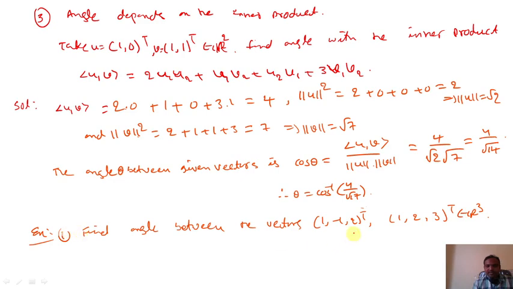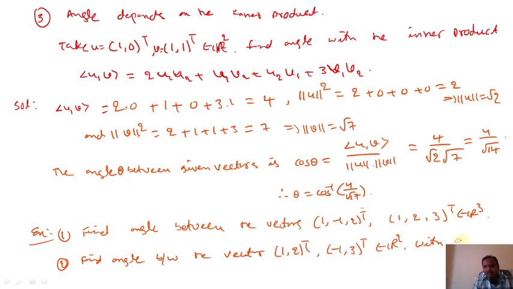It's not mentioned which inner product, that means you go for the standard inner product and find the angle between the vectors (1, 2) transpose and (-1, 3) transpose belongs to R2 with one inner product.